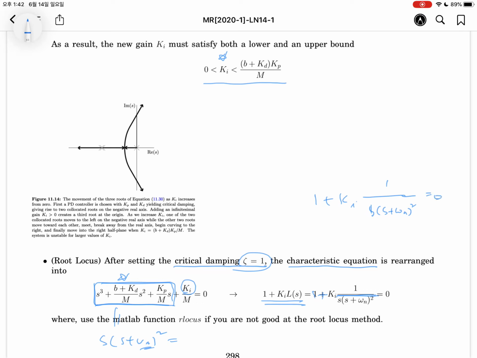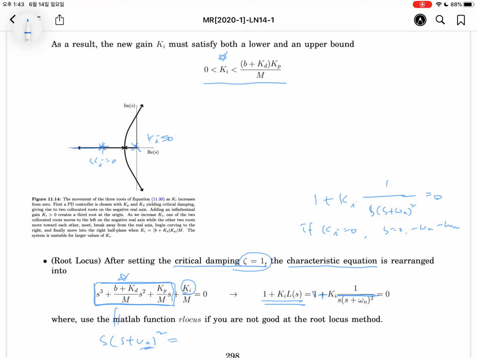Anyway, this is the starting point of the root-locus, Ki over s (s plus omega n) squared equals minus 1. According to the information of the root-locus, if Ki is 0, then the closed-loop poles stay at 0, minus omega n and minus omega n. So at Ki equal to 0, the closed-loop poles stay here. Then these three poles will meet here.